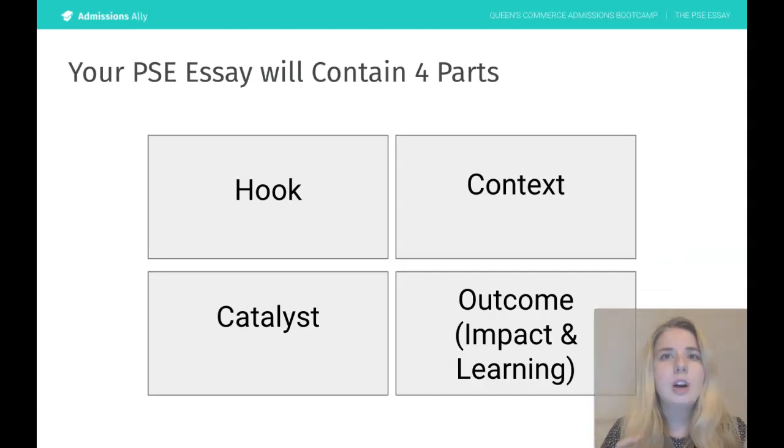First is the hook. This is really going to introduce the reader to the topic that you're talking about and bring them in. When I was reviewing Queen's Commerce essays, it gets to a point where you're just reading essay after essay, and you really need something that's going to capture your attention or they'll start to blend together. So you're going to want to write something that doesn't need to be super descriptive, but will make the reader want to know more.